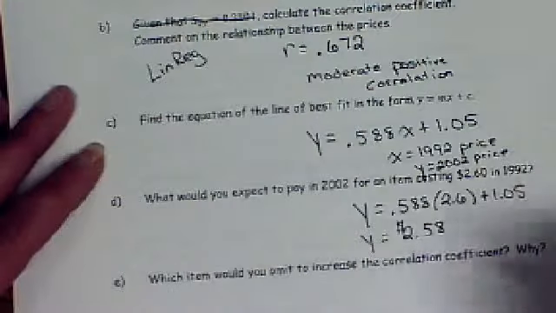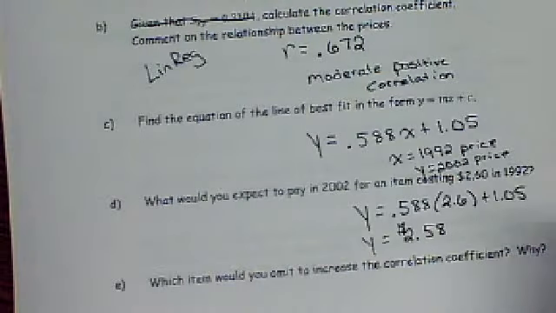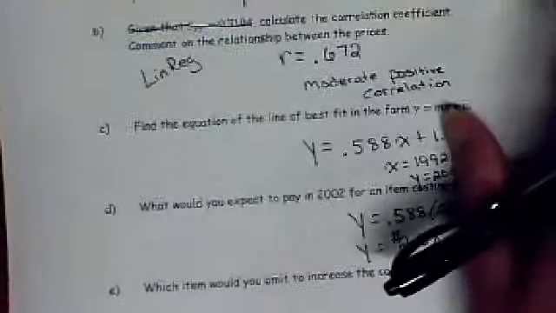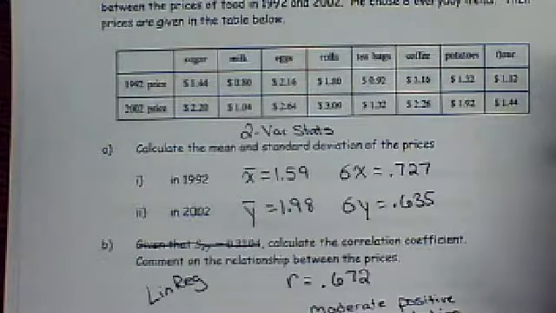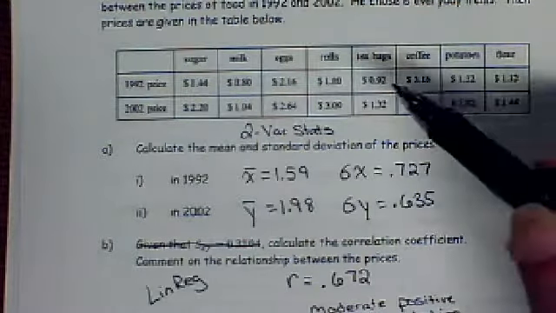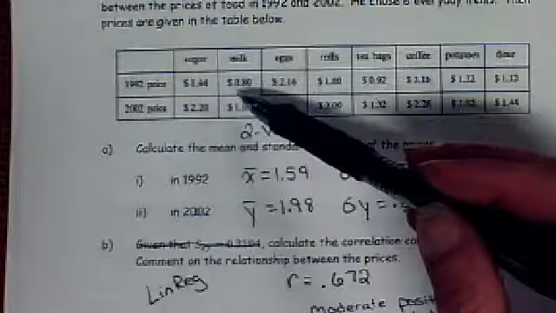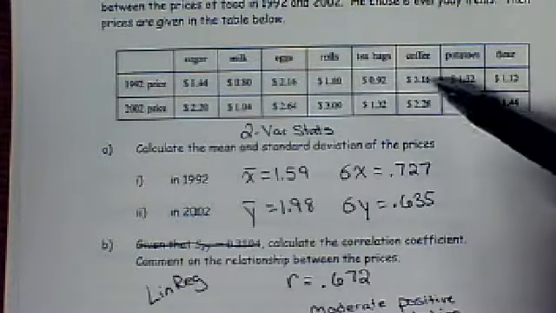Now, E is a great question. Is there an item you would omit to increase the correlation coefficient? Is there one that's preventing this from being a good pattern? So let's take a look at all of them. We're increasing.